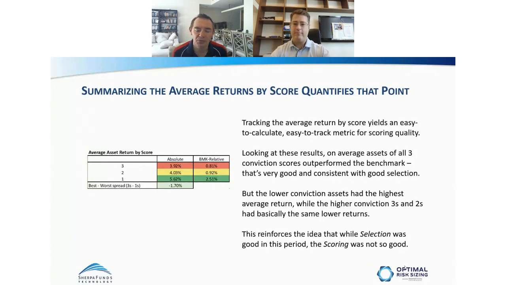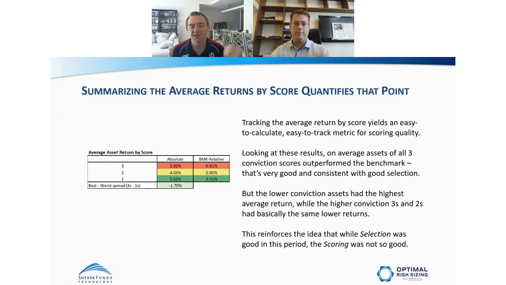So what we're saying here, and this is not actually that surprising, the PM has been very good at asset selection, but when you ask the PM to be more granular, to separate out what I really like from what I don't like, that kind of loses information. And in fact, if the PM had built a portfolio where he had more weight in his ones than his threes, he would have done better.